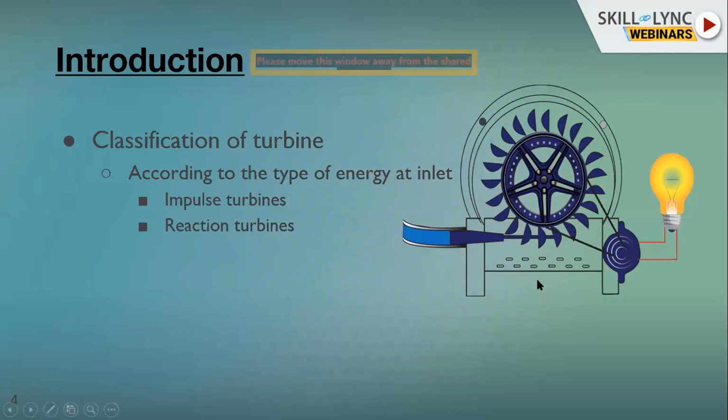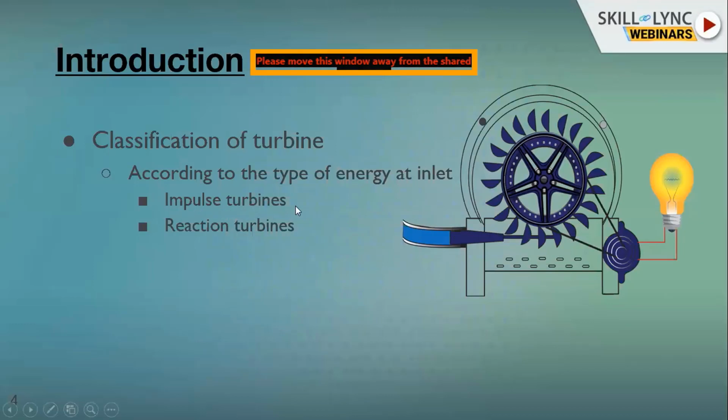Why do we designate it as a Pelton turbine? Because a scientist named Pelton introduced this kind of turbine. Similarly, Francis and Kaplan are also named after scientists. So three types of turbines are there.